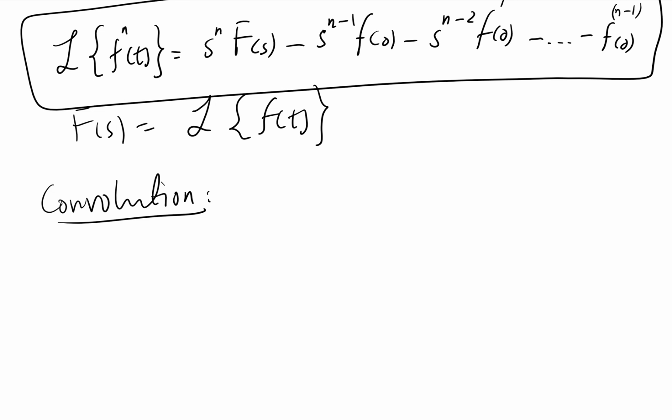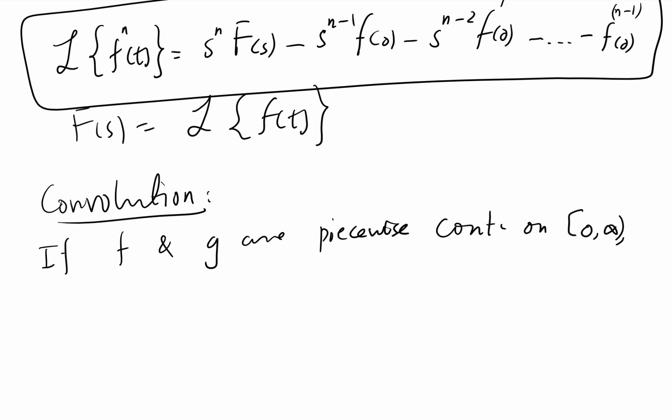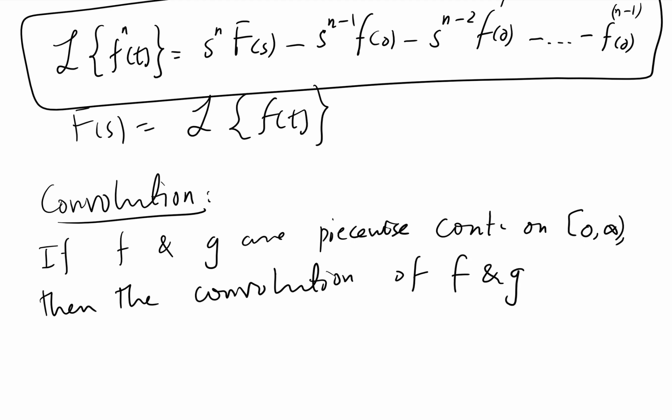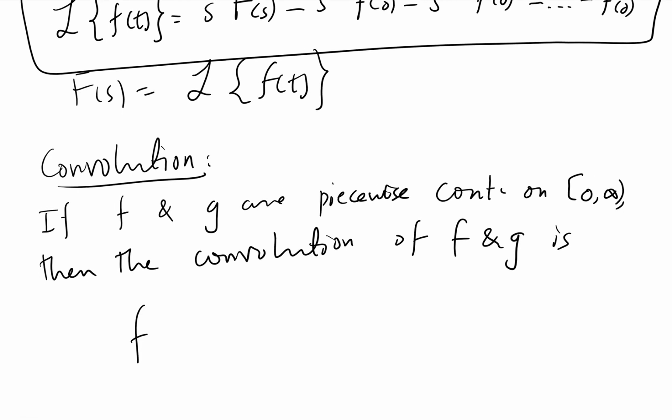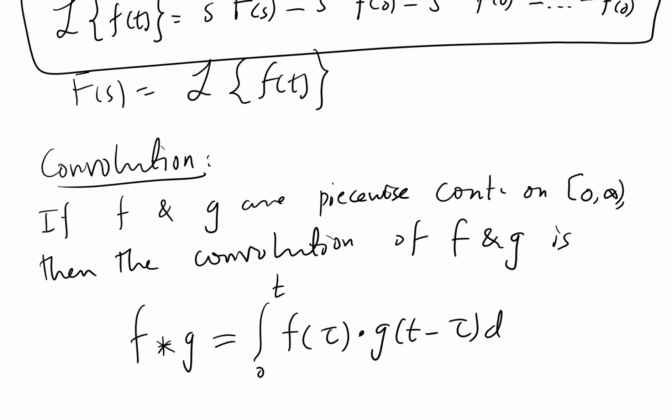For the convolution, if we have two functions f and g that are piecewise continuous over the interval 0 to infinity, then the convolution of f and g is defined as, this is an asterisk, but I'm going to just say f star g, the integral from 0 to t of f of tau, the Greek letter tau, times g of t minus tau d tau.